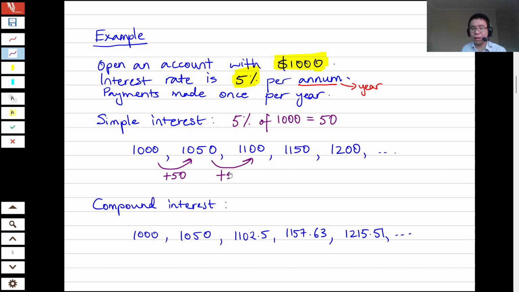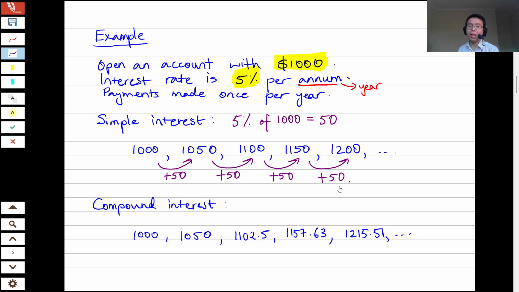We would add 50 in the second year, in the third year, and in the fourth year, and so on. In the case of simple interest, the payment is determined entirely by the amount at the beginning, which isn't very good. Because if I let this run for many years, the interest is going to be very small compared to the amount in my account.